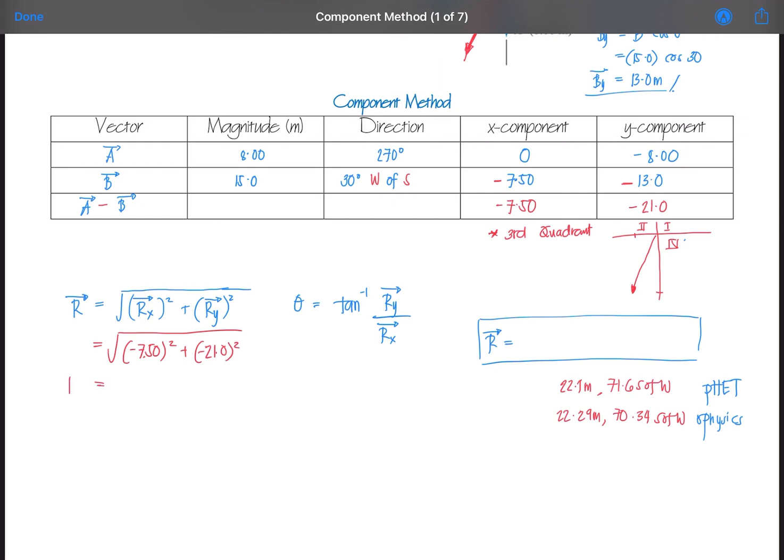This will now give us R equal to 22.3 meters. And then for the direction, that is inverse tangent of negative 21 divided by negative 7.50.